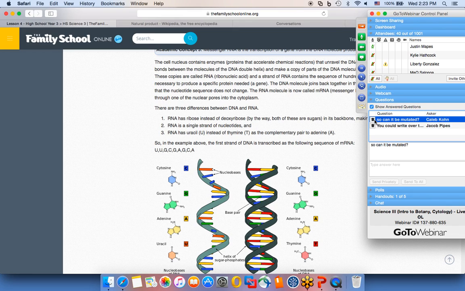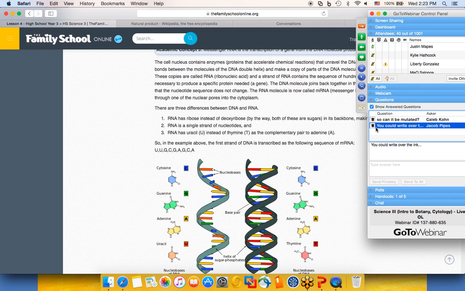Caleb asked, can the DNA molecule be mutated? It can in accidental cases, so it's not easily mutated. And Jacob says you could write over the ink. Yes, sometimes that has happened. And that is the problem with viruses.